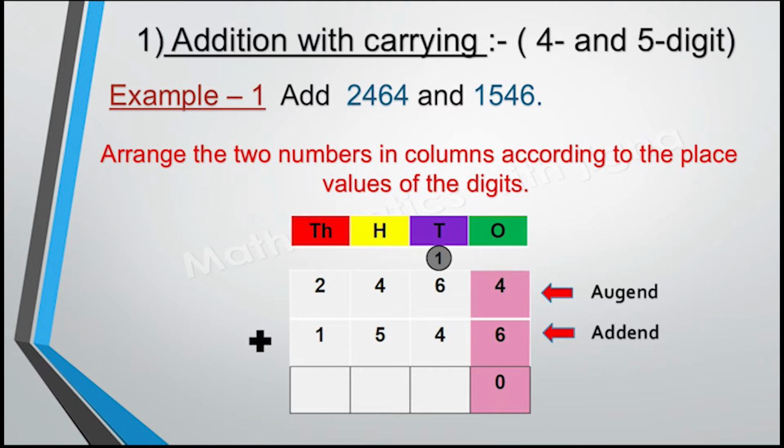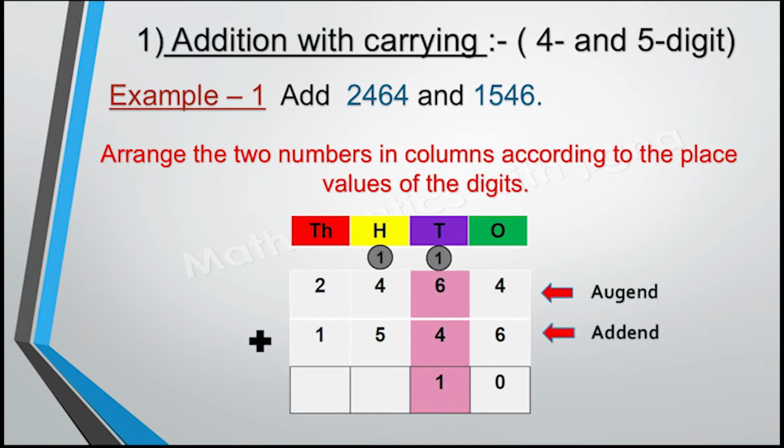Now move to add the tens. 6 tens plus 4 tens is equal to 10 tens, and add one more 10 that we carried over. So it is equal to 11. So carry over 100 to the hundreds column and write 1 at the tens place.